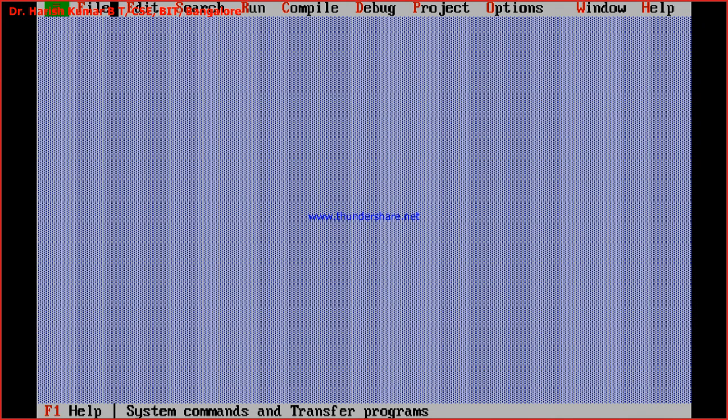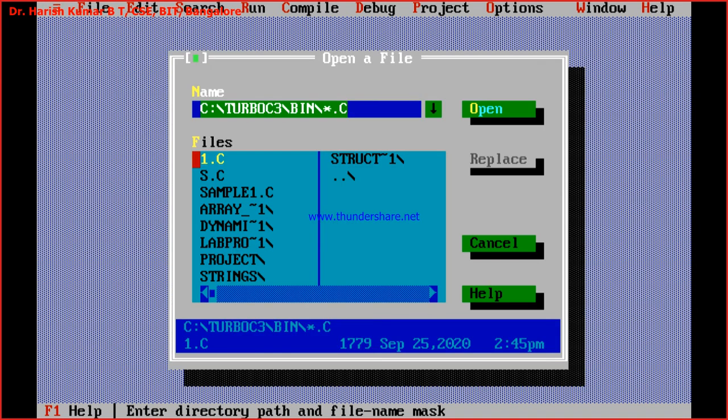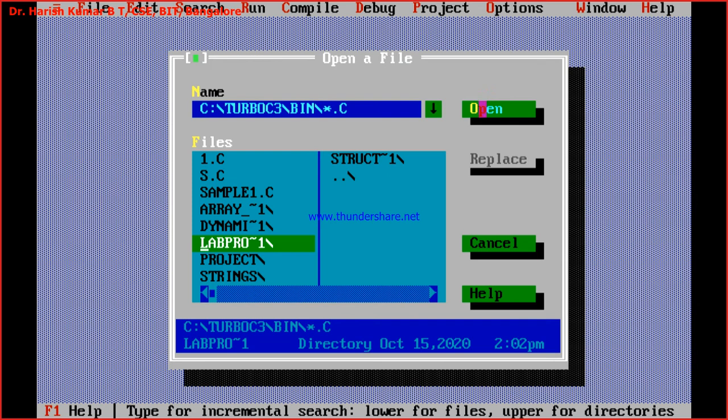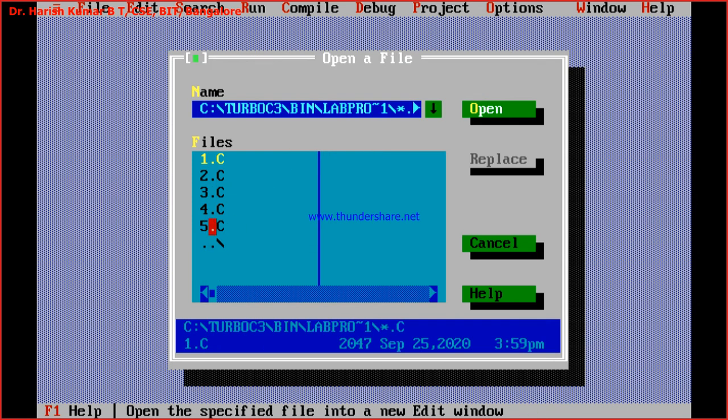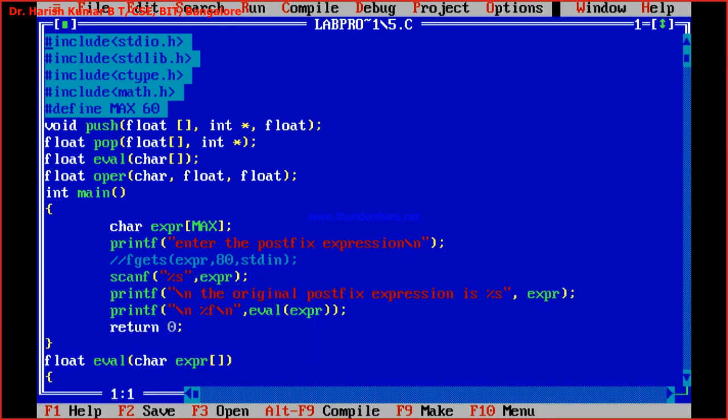I'm opening the program now. So this is the program. Again, we are solving this using stacks.